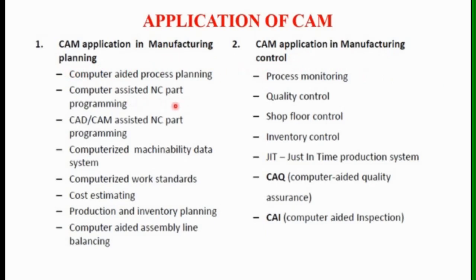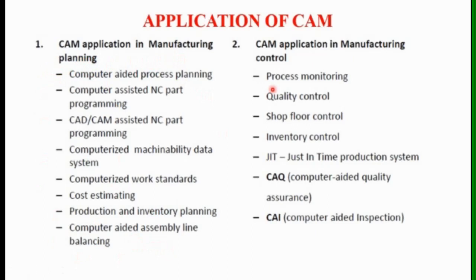Computer assisted numerical controlling programs and computer numerical control machines are used here. Then CAD/CAM assisted numerical part programming, computer aided work standards, cost estimation, product and inventory planning, computer aided assembly line balancing. These are the stages where computers are used for manufacturing planning.